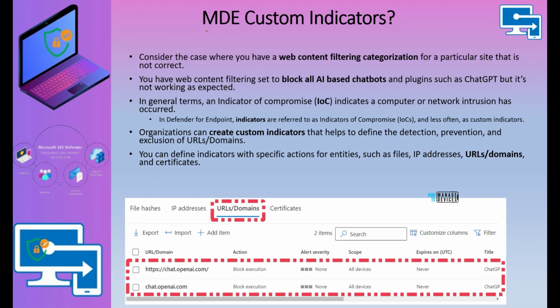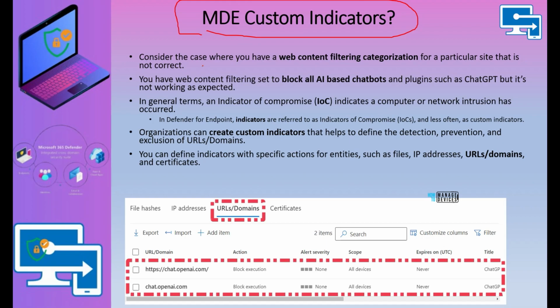This is a very busy slide. I'm not going to read through all the text on this slide, but let's understand what custom indicators are and how this is useful in this particular scenario. Let's consider the case where you have web content filtering categorization for your proxy servers.